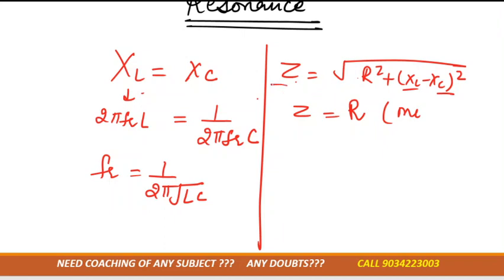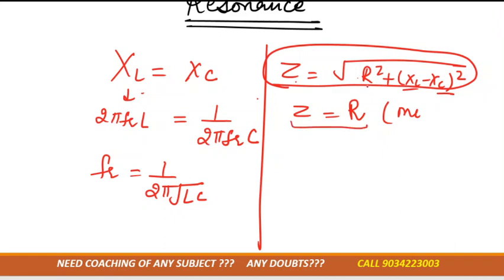Earlier the formula was R square plus (XL minus XC) square. Now the value of Z is equal to R only. So is the value decreasing or increasing? Decreasing. So in this case Z is minimum.